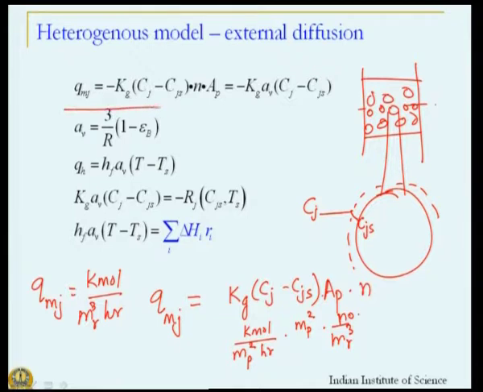Indeed, this is my QMJ, that is, at this cross section the species J will see its generation, which is equivalent to the mass transfer rate times AP times N. We can write AP into N as AV, that is catalyst surface area per unit volume of the catalyst, and if we assume spherical particle, that AV works out to be 3 by R into 1 minus epsilon B.